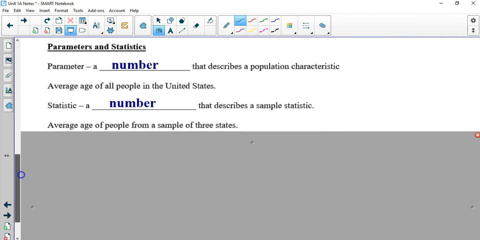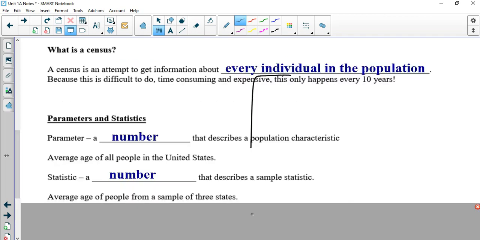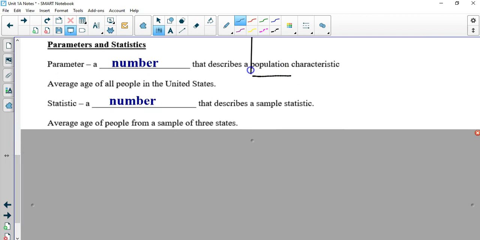Right, parameters and statistics. A parameter is a number that describes a population characteristic. Keyword here: population.